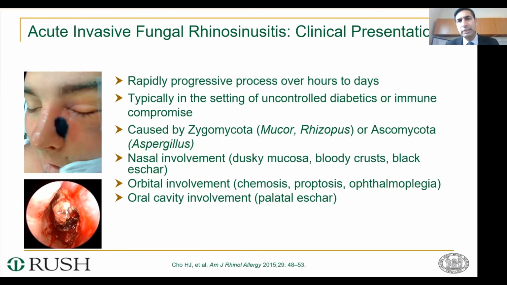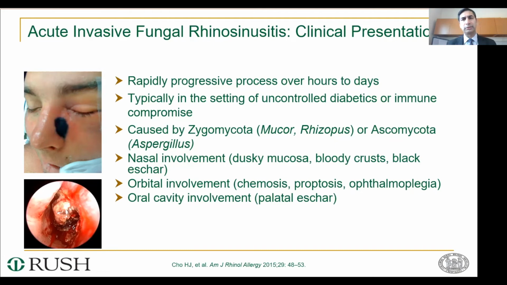This can be seen in the setting of uncontrolled diabetes or immune compromise, which can be due to use of chemotherapy, underlying hematologic malignancy, in the setting of full-blown AIDS, and a variety of other immunocompromised conditions, caused most commonly by zygomycota, such as Mucor and Rhizopus, or ascomycota, so Aspergillus can also cause this sort of clinical picture.